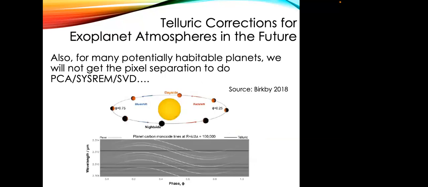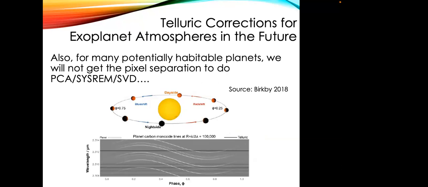On top of that, PCA and SysRem SVD, as I said, use the fact that the planet's orbital velocity is hundreds of kilometers per second. But habitable planets are likely going to have, based on what we think the habitable zone is, much lower orbital velocities. In the bottom graph for a hot Jupiter, the planet signal in white has a huge amplitude.